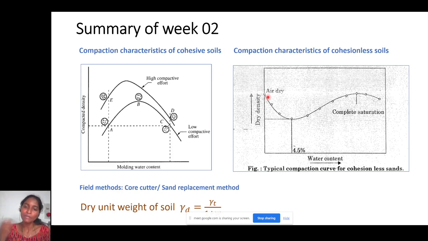When you keep adding more water content, the meniscus that is formed during the capillary action comes into play. When I say meniscus, you might have seen that when you are studying the hydrometer, we have done a meniscus correction. At the top there will be a meniscus formed.